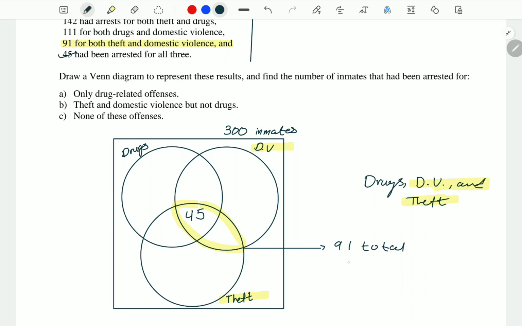And so far we have 45 inside. So to find the remaining piece, subtract the 45 from 91. 91 minus 45 is 46. I'll put that in yellow. 46. And we'll put the 46 right here.